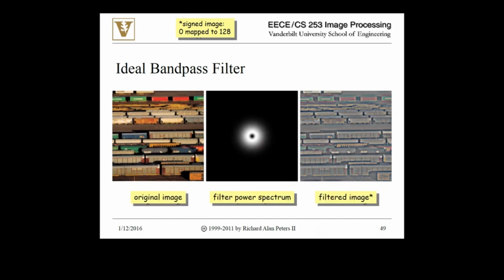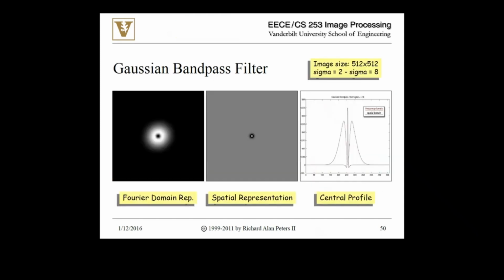This is the power spectrum, the impulse response. So here we have the impulse responses of the two Gaussians, they are Gaussian. So you have a wide Gaussian minus a narrower Gaussian.